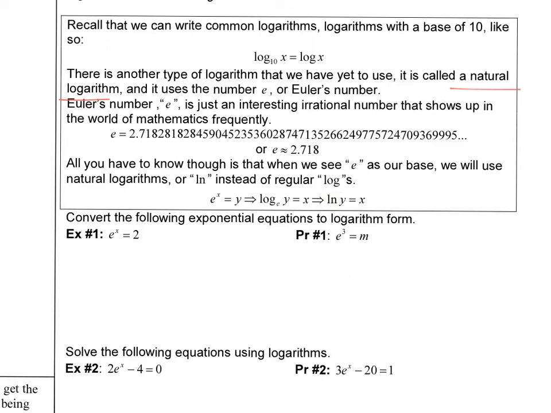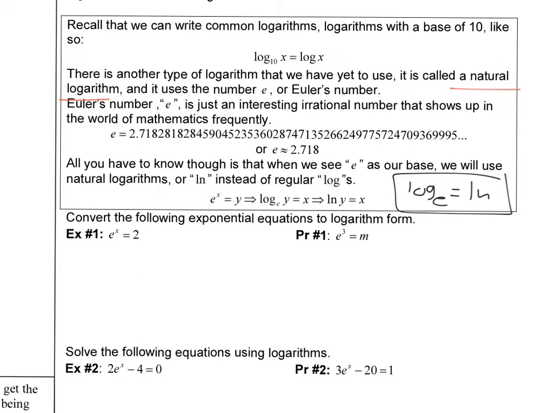So you don't write the base e, and you don't write the log, you just write ln, okay? So basically, anytime you see a log base e, that's the same thing as ln, okay? So just know that you replace log base e with ln, and then you would just have ln of y equals x instead of log base e of y equals x.